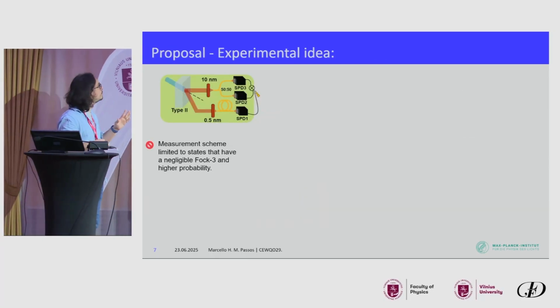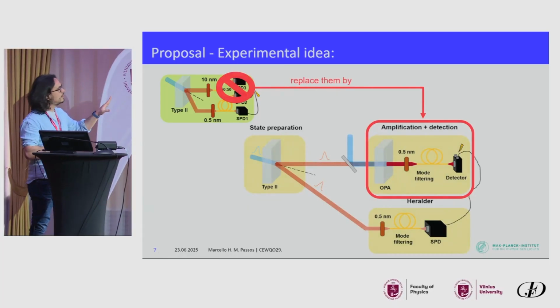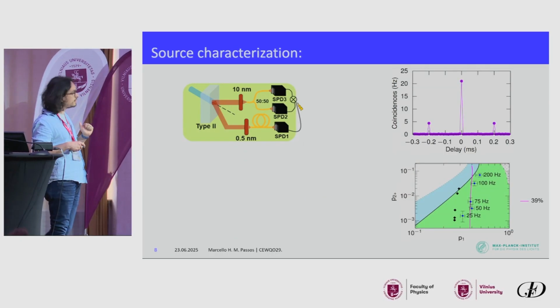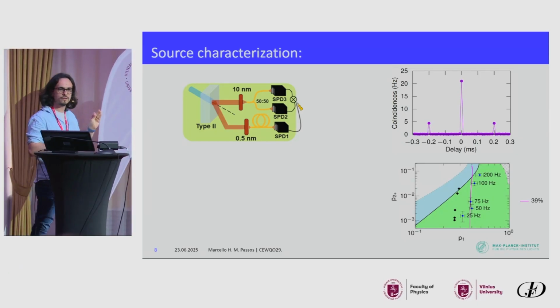And what is our proposal then? We propose to replace those two detectors with amplification followed by direct detection. Before showing the amplification, let me first show how we characterize the multi-photon contribution of our source.